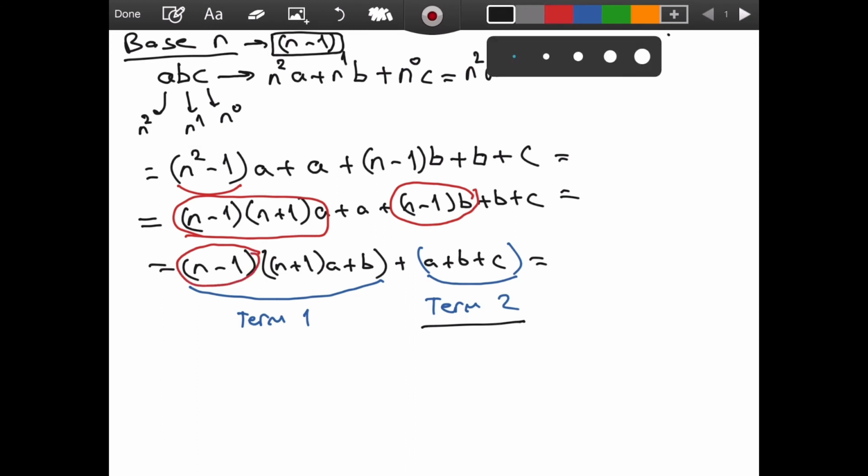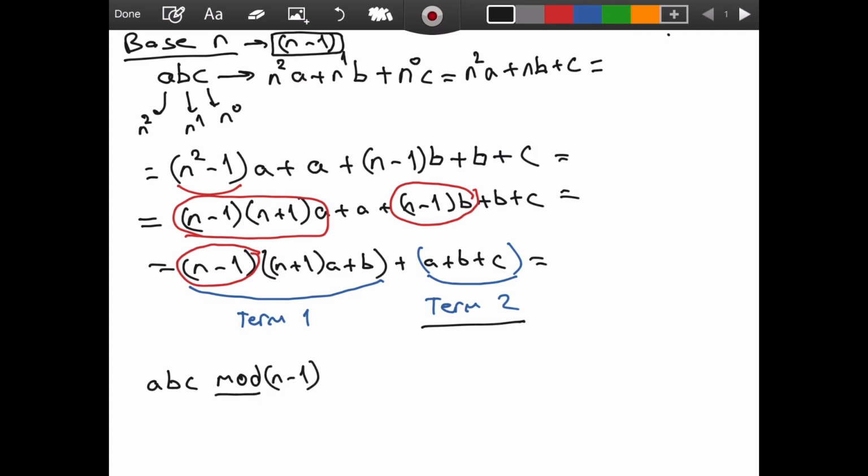So this means that ABC modulo n minus 1, and this mod here just means dividing by, okay? You can think of this as a function, an operator that gives you the remainder of a division.